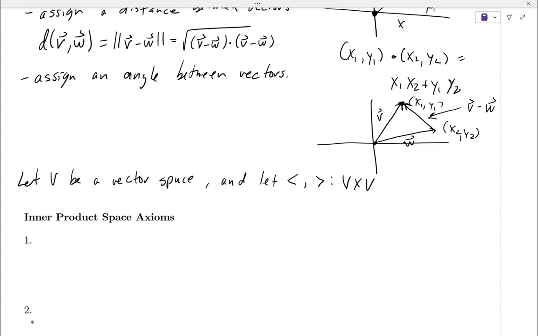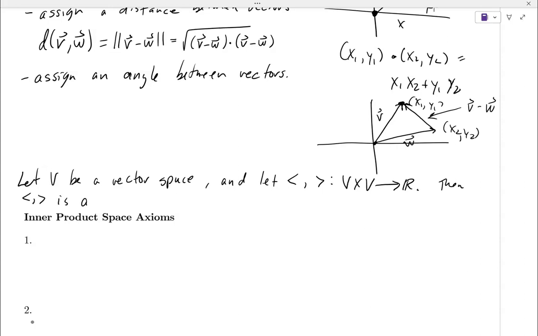Again, the inner product takes in two vectors and spits out a number, so that's all this is saying. Remember, this is our notation for the set of all ordered pairs, the Cartesian product. It takes in an ordered pair and gives out a real number. I'm just writing it in shorthand.